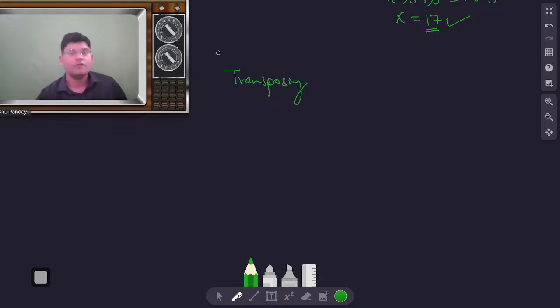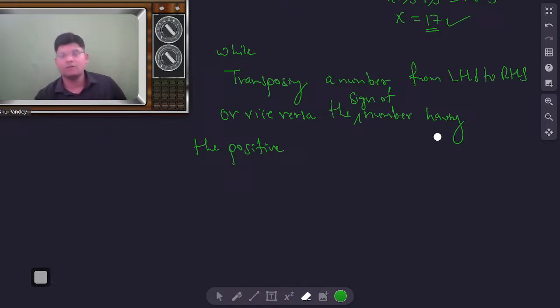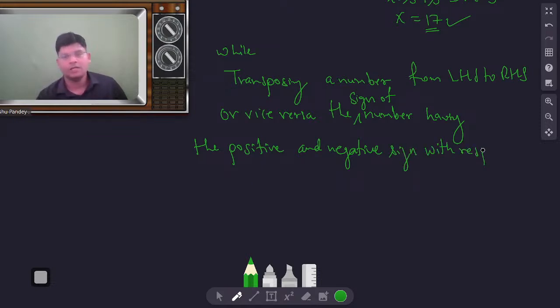Transposing a number. So we can say that while transposing a number from LHS to RHS or vice versa, the sign of the number, sign means positive and negative, the sign of the number having the positive and negative sign with respect to variable is changed.